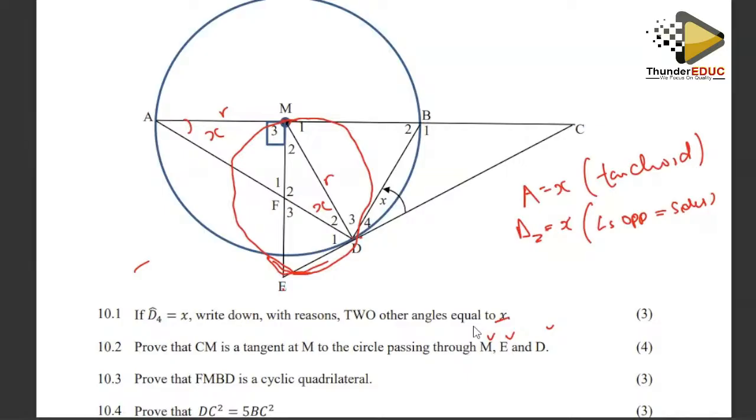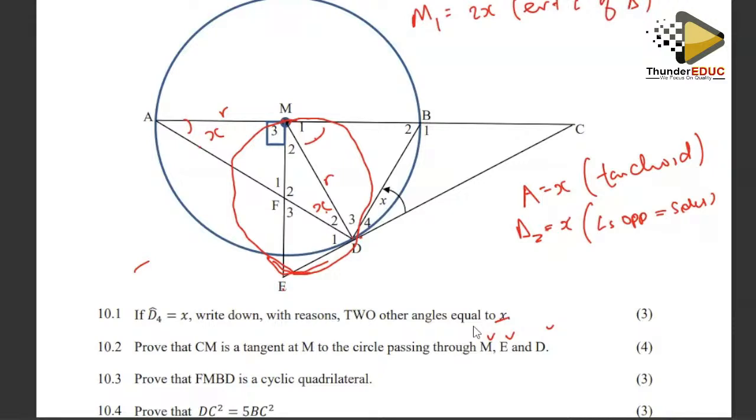So what we can start with is that if this is X, meaning that M1 is going to be twice X, exterior angle of a triangle.